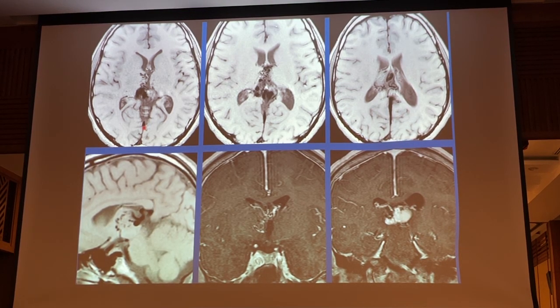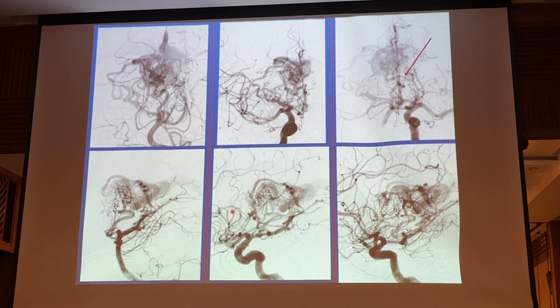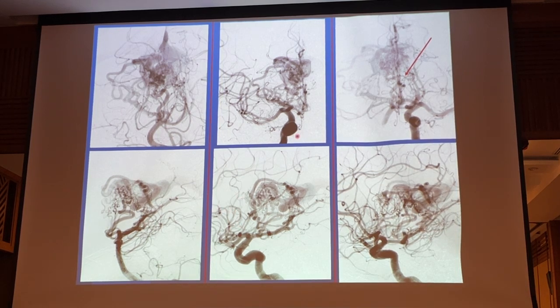This patient has this brain AVM on the medial surface of the thalamus and along the third ventricle. Okay, and you see the MRI. This is the angiogram: vertebral, left internal, right internal, left internal.